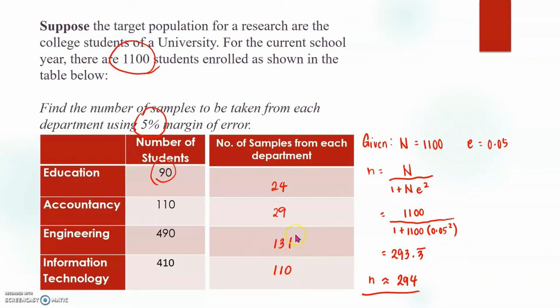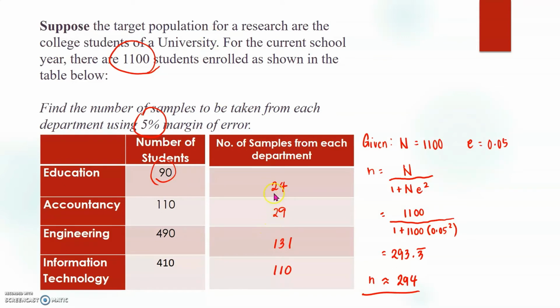Now let's check if we add all our number of samples from each department, will it sum up to 294? Let's try. 24 plus 29 plus 131 plus 110. It gives us 294. So the breakdown of the 294 samples from each department are as follows.